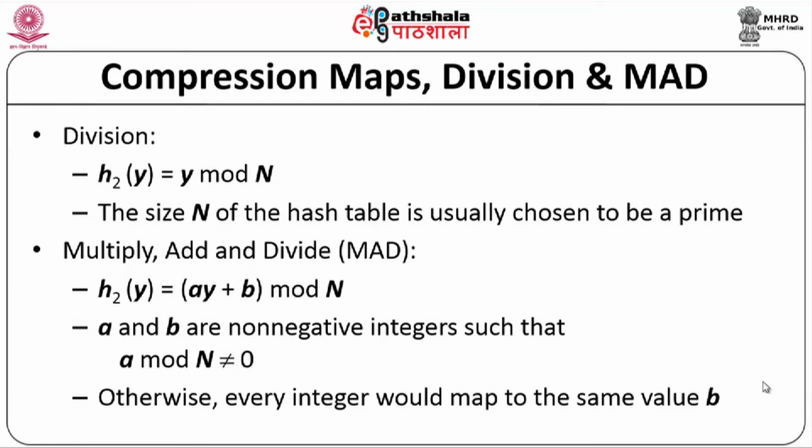You can choose a and b appropriately. This maps the integer y to values in the range 0 to n minus 1.